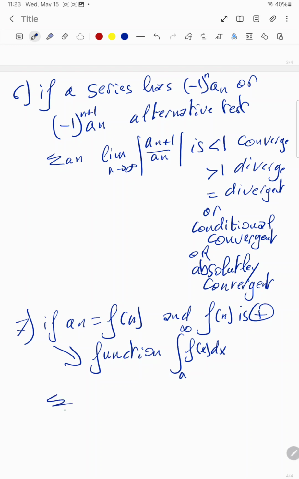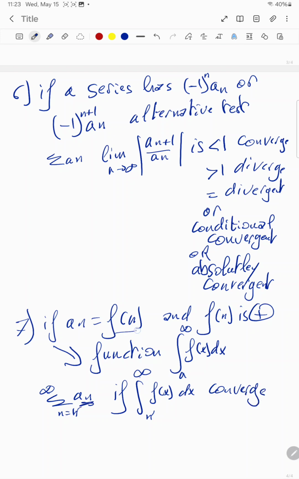If I have a series, sum of n equal to k to infinity of an, then we see if the integral from k to infinity of f of x dx converges. The an here is equal to f of n.